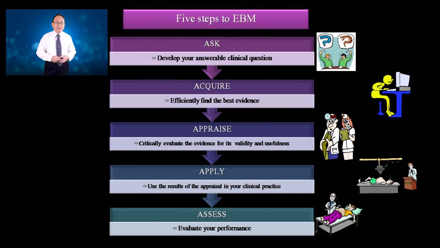After having the evidence, or journals or papers whatsoever, you appraise them to make sure that there is no bias, that it's true, the sample size is adequate, and it is based on randomized controlled clinical trial. And finally, you need to apply the treatment to the patient based on the evidence that you found in the journals.